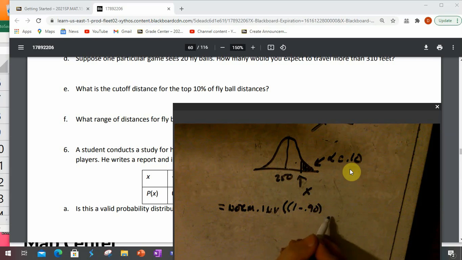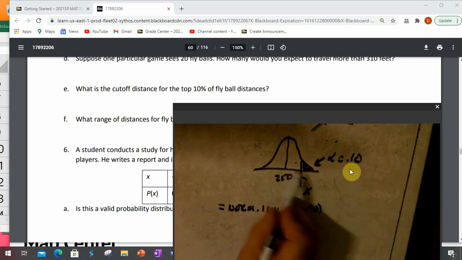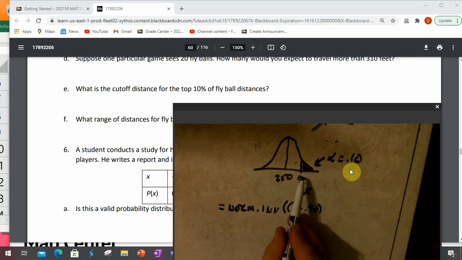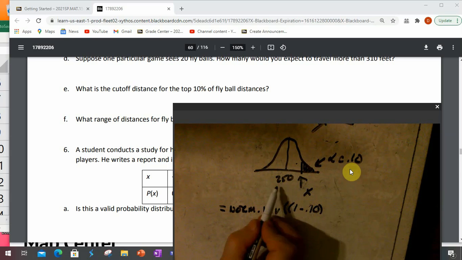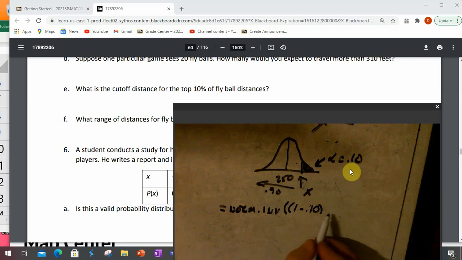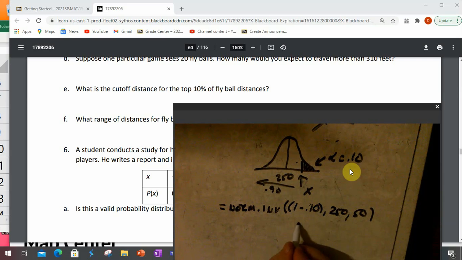This isn't the over 2 because I'm not doing 2 tails in the middle. This is to the left, so 1 minus 0.10, which is 90% here, 0.90 probability, and then we're going to do the 250, 50. So this number is 0.90 to the left.